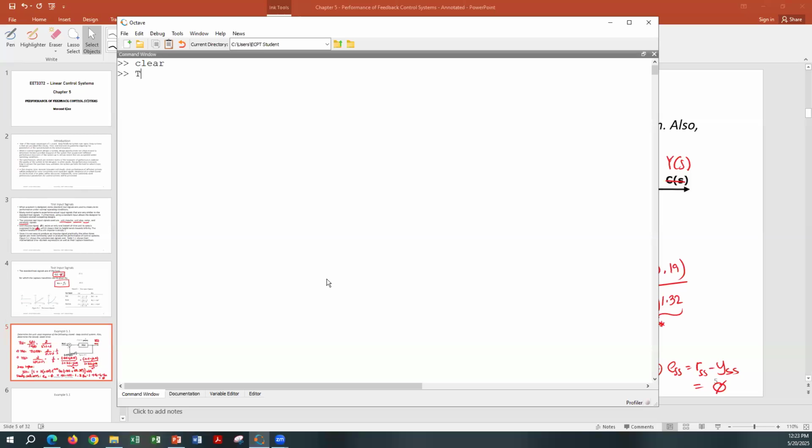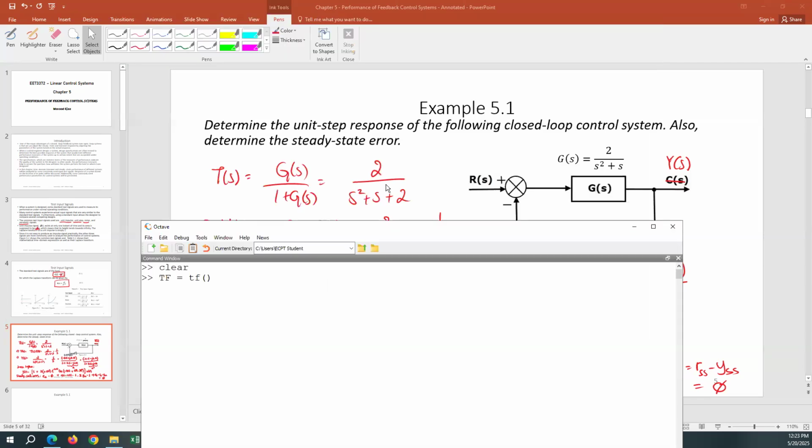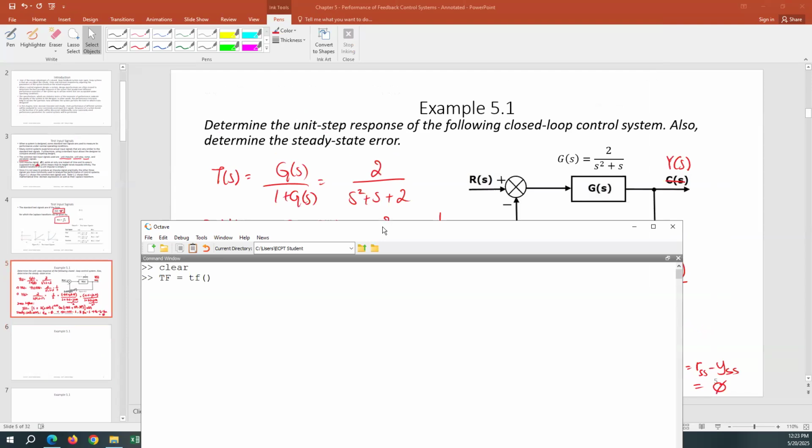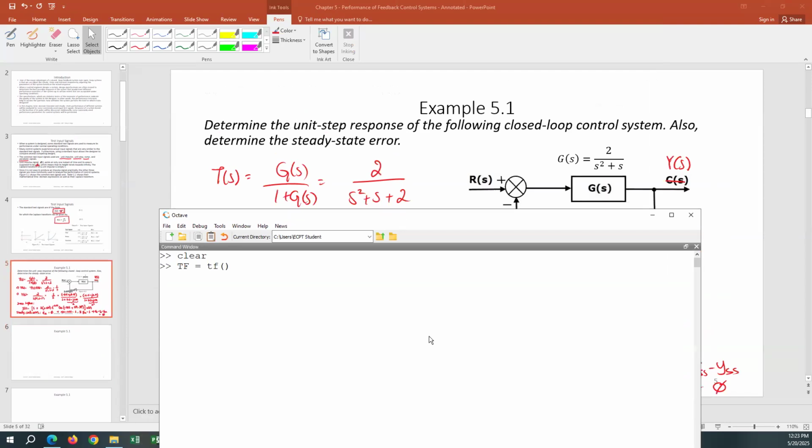TF is the MATLAB built-in function to create the transfer function. I believe we have to do system. Let me see if it works. My transfer function is 2 over s squared plus s plus 2, so the numerator is 2 and the denominator is 1, 1, 2, the coefficients of your polynomial.